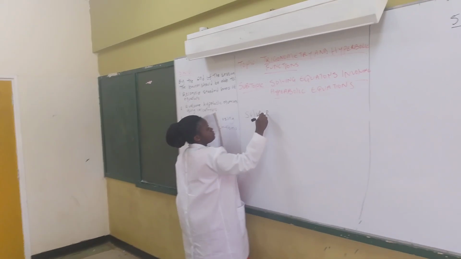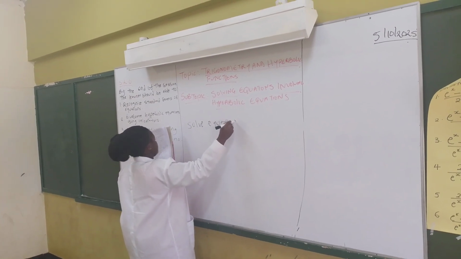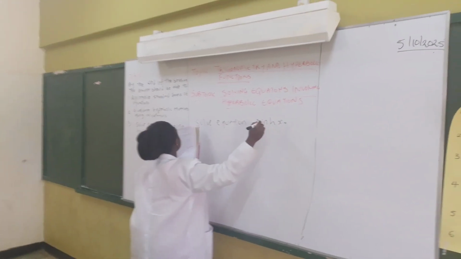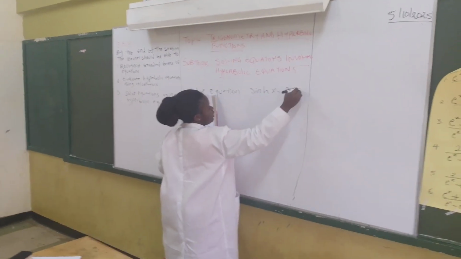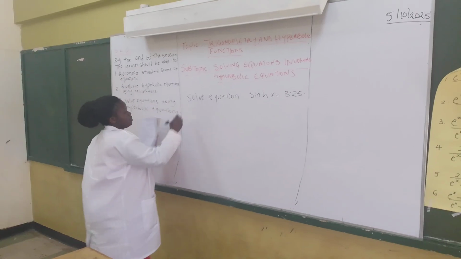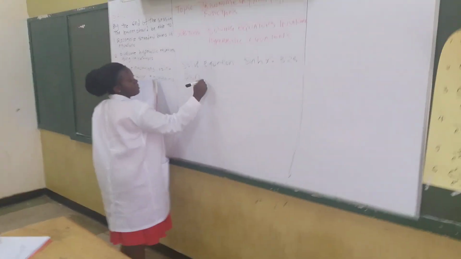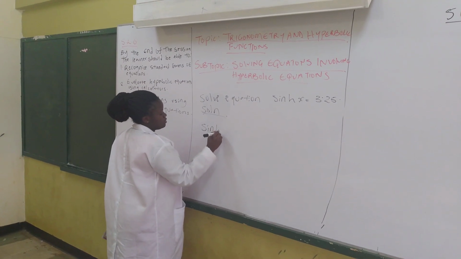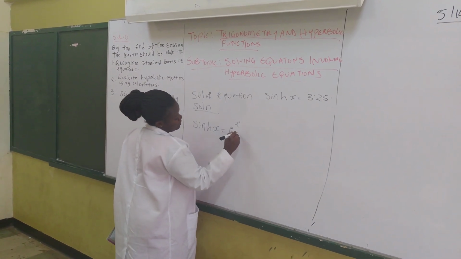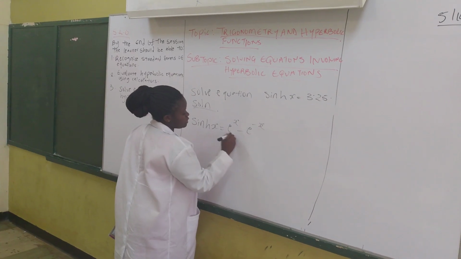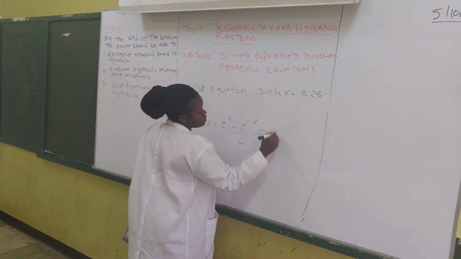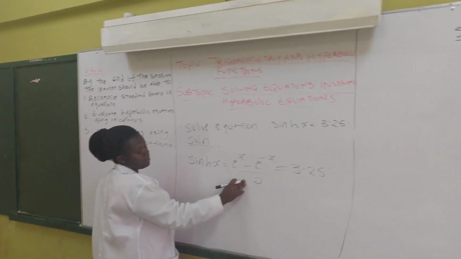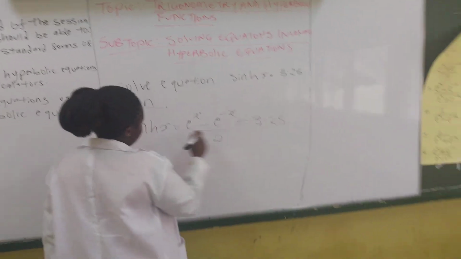Solve the equation sinh of x is equal to 3.25. Solution. As we have discussed, sinh of x is equal to exponential of x minus exponential of negative x over 2, and this is equal to 3.25. So our sinh of x can be written in exponential form.